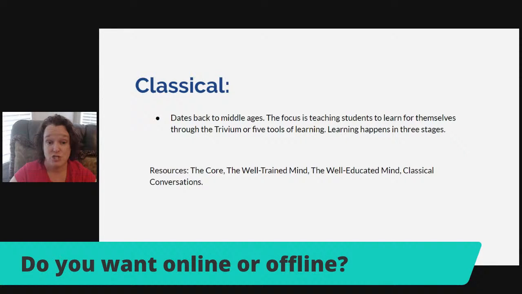And then Classical Conversations is kind of like a co-op, a little bit like a franchise. It's all over the country. We do have some in Mobile. If you're in Mobile, they have some in Baldwin County. If you're outside of Alabama or outside of that area, they're going to have it. All you have to do is Google your city, Classical Conversations. It is a very well thought of co-op.